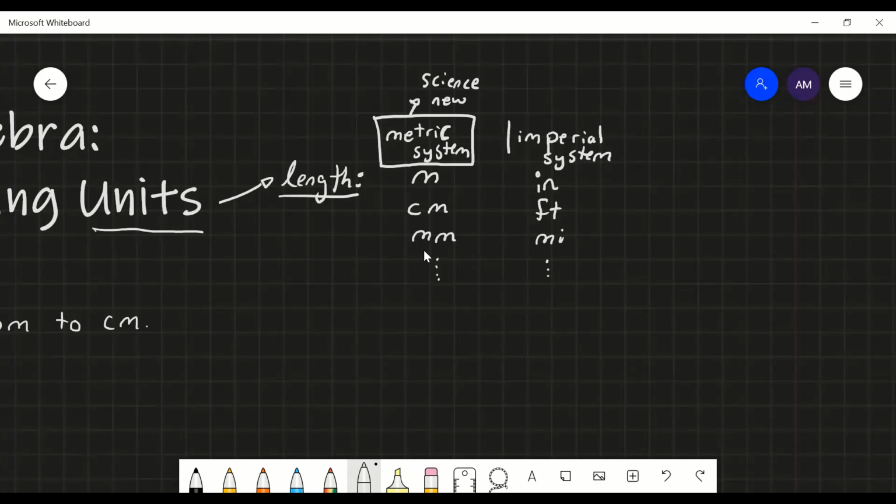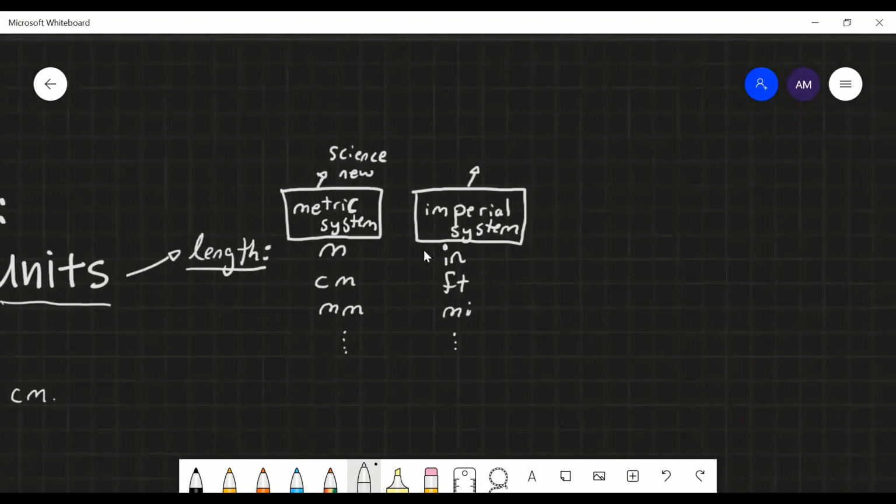Whereas the imperial system is a bit more old, and it was mostly invented just by common folk, mostly farmers, I'd say. So pretty much just anybody who had to measure how much land they had, or wanted to measure the height of a house that they're building. Typically, this would be done in inches, feet, acres, yards. So it's a bit older.